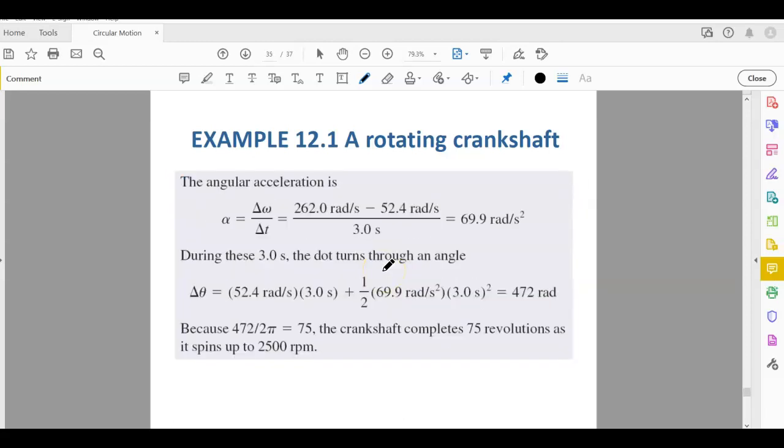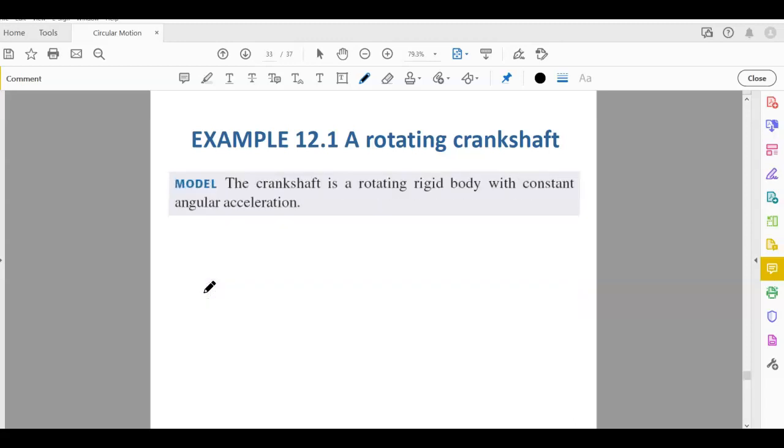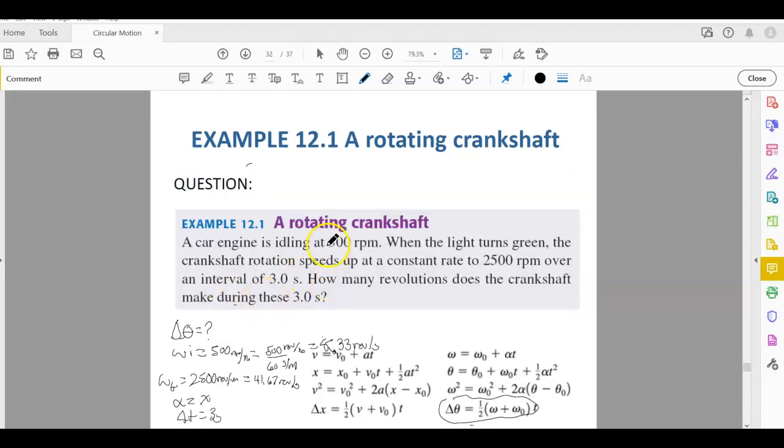And it looks like he actually finds the angular acceleration first, and then finds the angular displacement. But using what we were using over here, delta theta is going to be equal to 41.67 is our final revolutions per second, plus 8.33 revolutions per second is our initial, divided by 2 times 3 seconds.